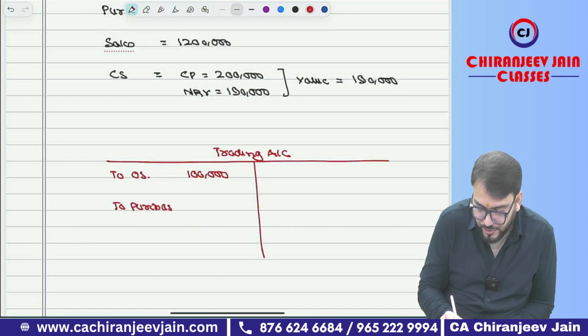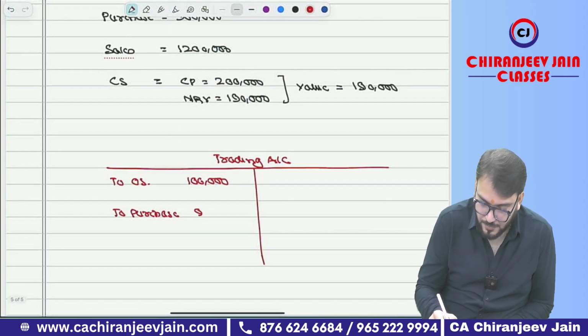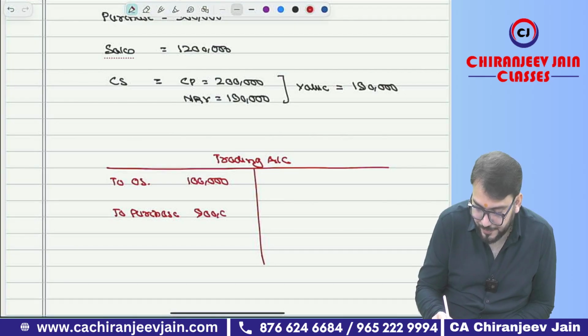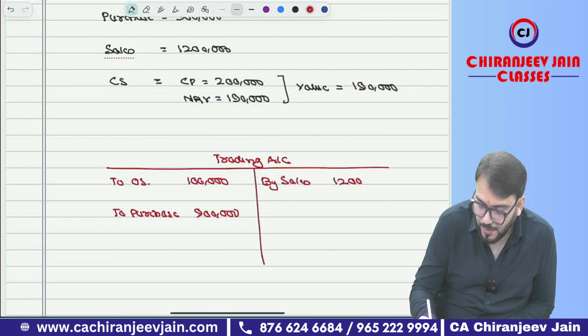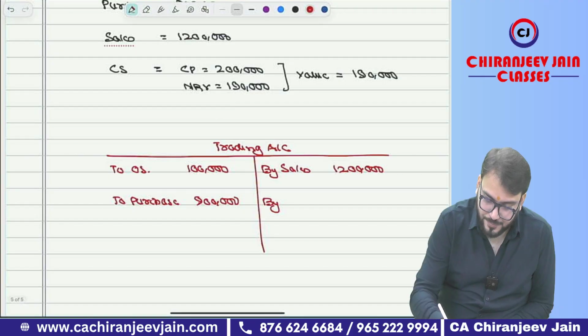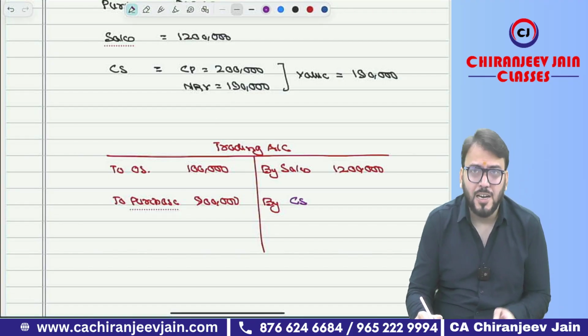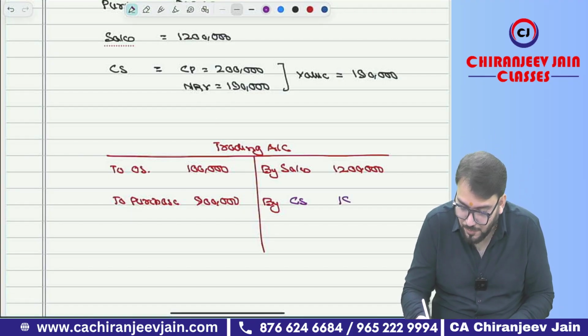To purchase how much? 9 lakh. By sales how much? 12 lakh. And by closing stock, we write the lower. And lower is what? 1,90,000.